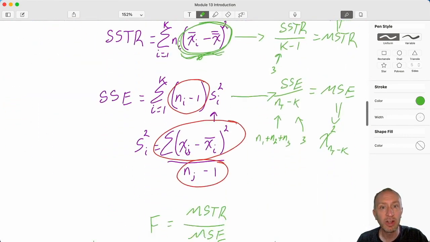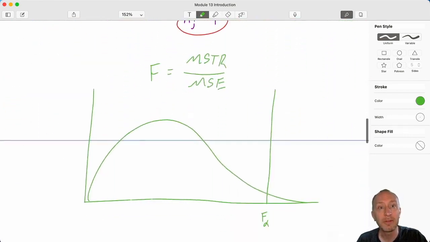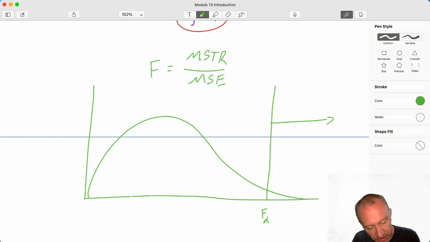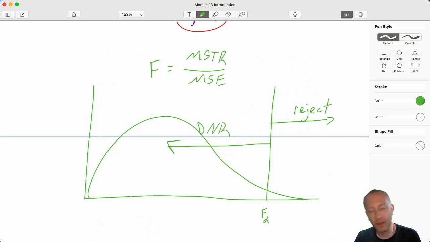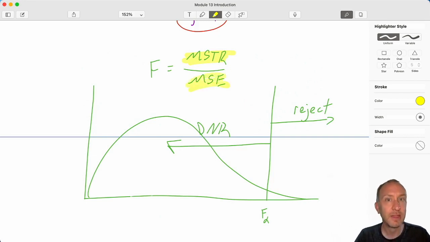Our test will always be an upper tail F test, because we are essentially testing to determine whether or not we have evidence to show that MSTR is greater than MSE.